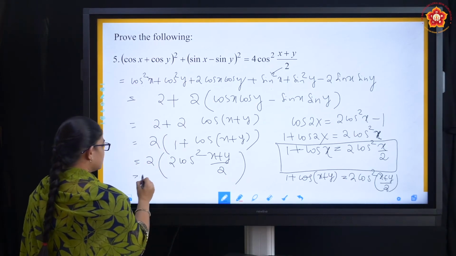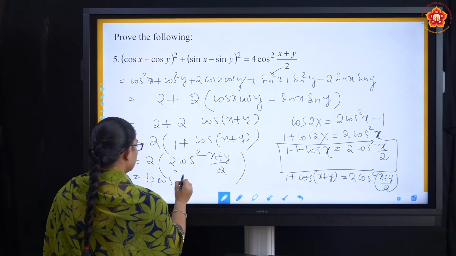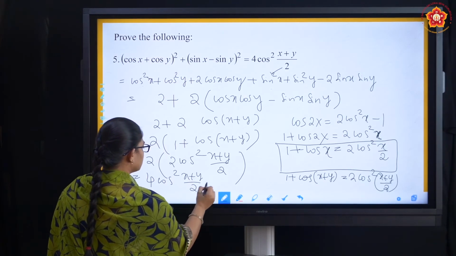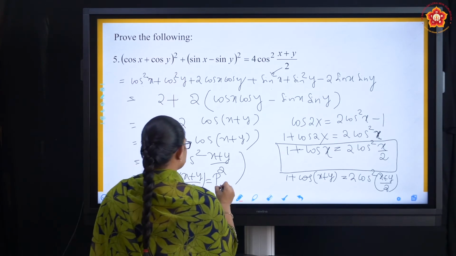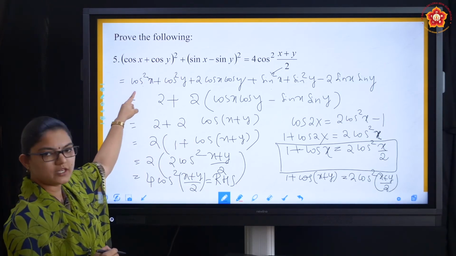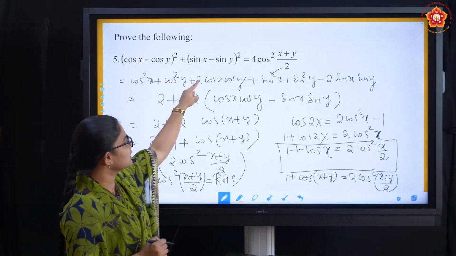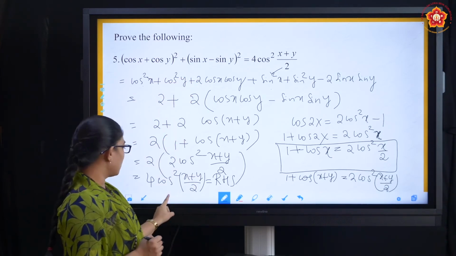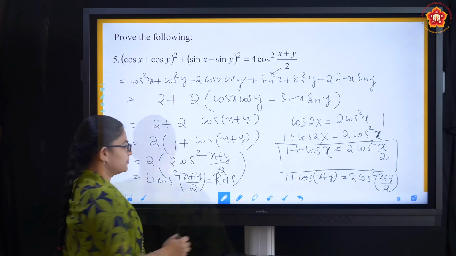So 2 into 2 we can say it is 4 cos square x plus y by 2, which is nothing but your right hand side. So therefore we have proved cos x plus cos y whole square plus sin x minus sin y whole square is 4 cos square x plus y by 2.